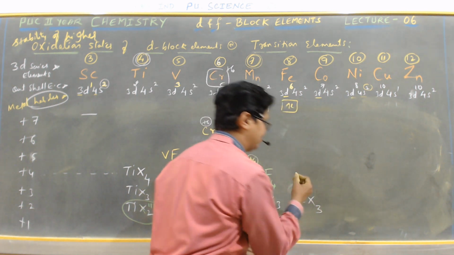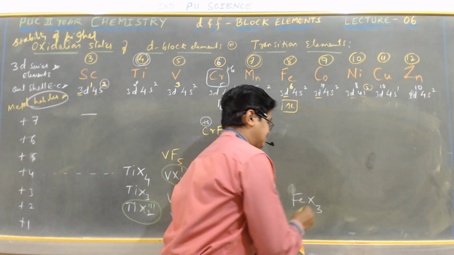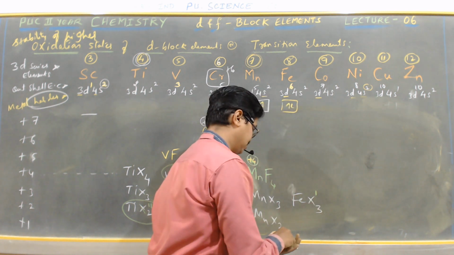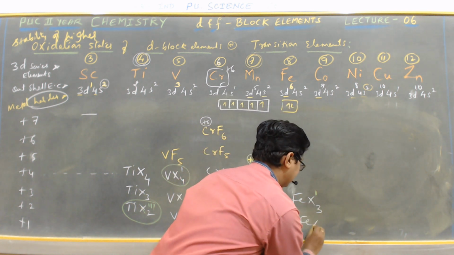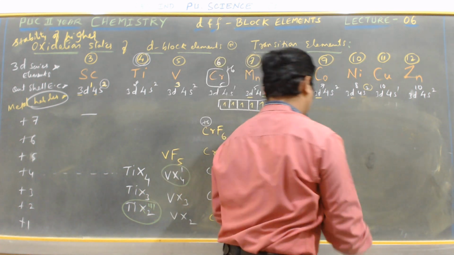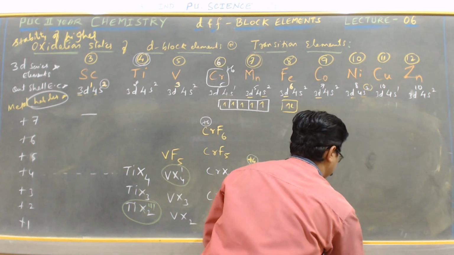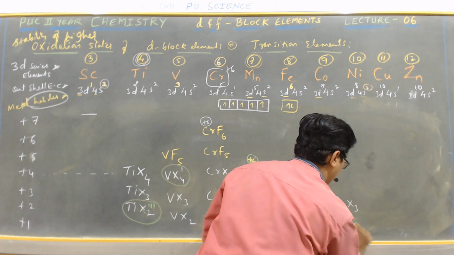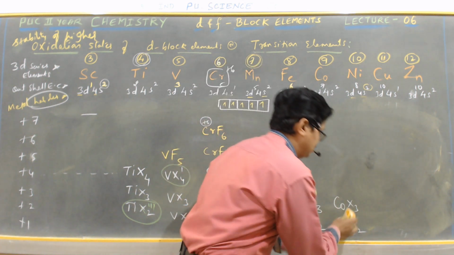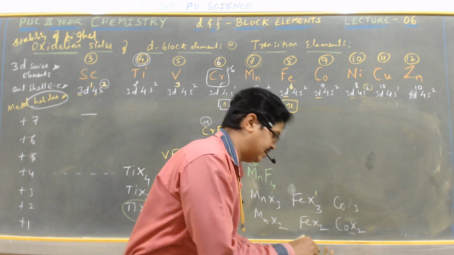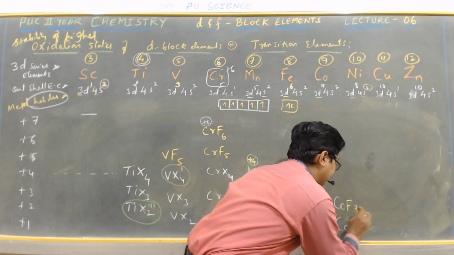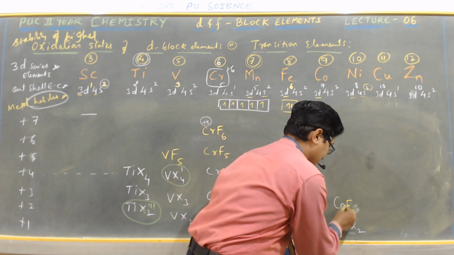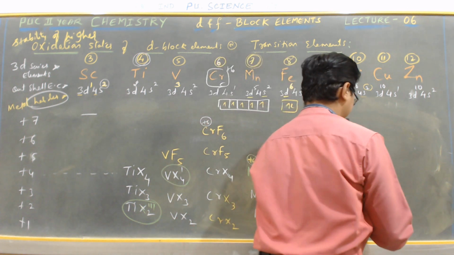But stability with respect to halides is FeX3 dash. FeX3 dash. Okay. Then FeX2. With respect to cobalt, CoX3 and CoX2. Especially not X here, point to be noted. Please observe properly, it is only CoF3. Okay. Next, nickel.